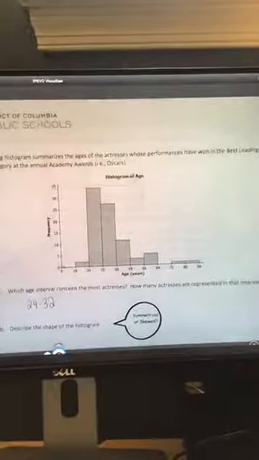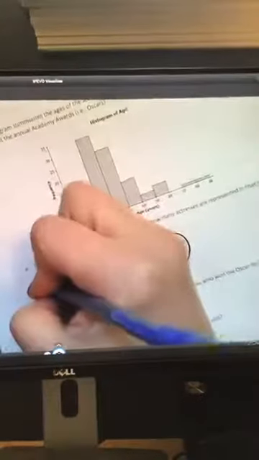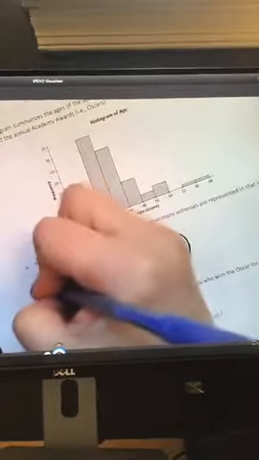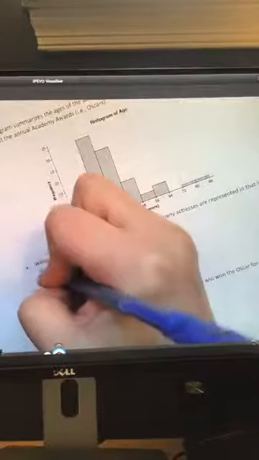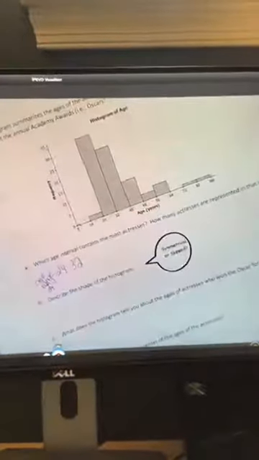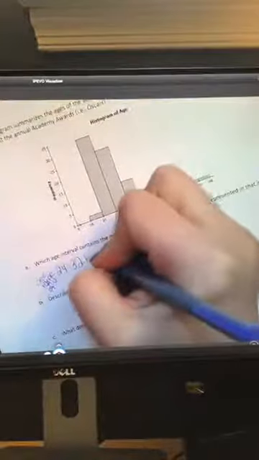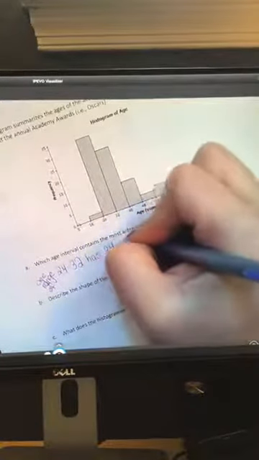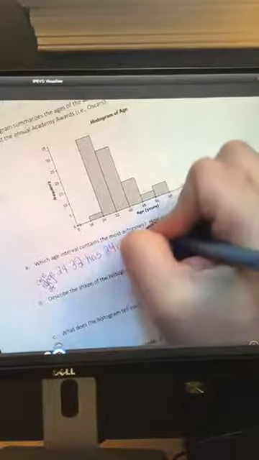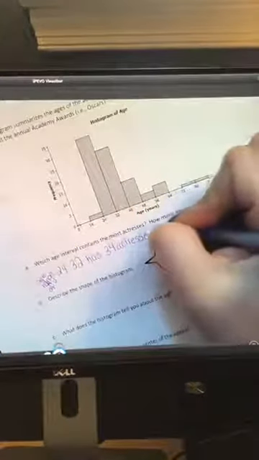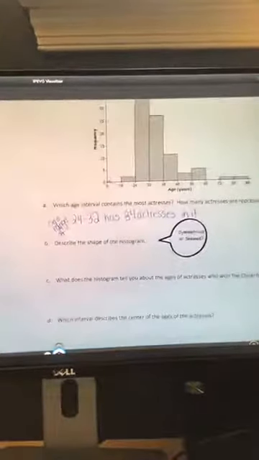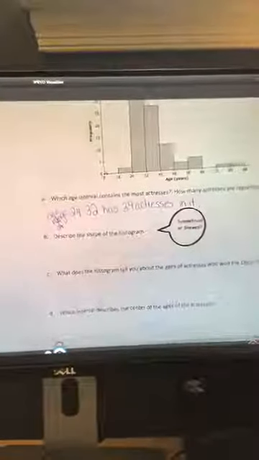This line hits right about there, which looks like it represents 34. So the age range of 24 to 32 has 34 actresses in it. Okay, very good, Sacred.